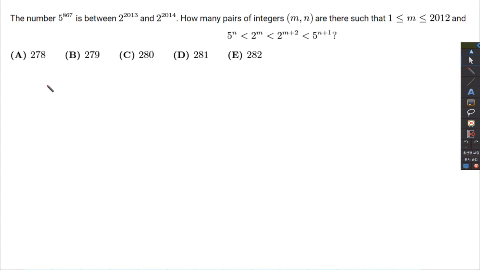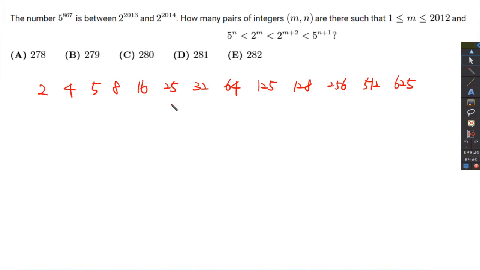If we use powers of 2, these are some list of the powers of 2 and 5.